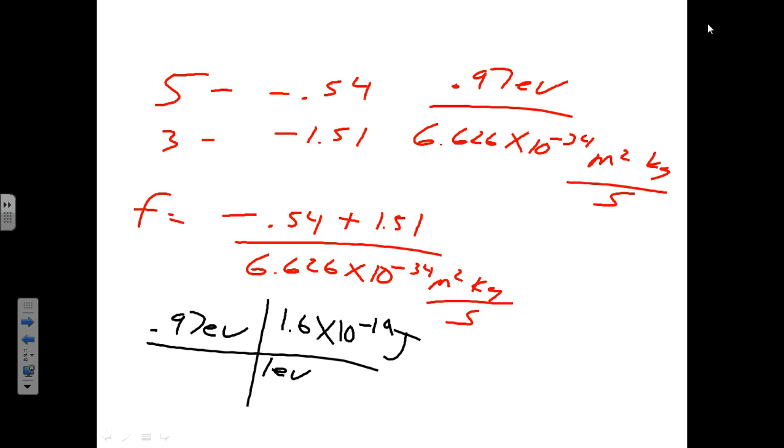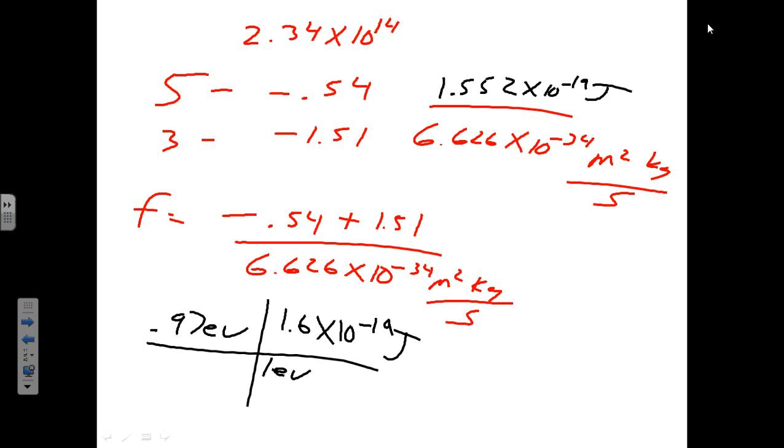So that comes up to be 1.552 times 10 to the minus 19 joules. So let's divide that out. And that gives us 2.34 times 10 to the 14th.